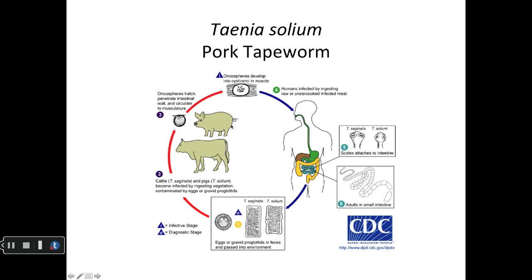So the various muscles, tissues of the pig that are going to later be eaten by a human can contain these larval stages that develop. So when the oncosphere embryo penetrates the muscle tissue, each oncosphere embryo develops into an individual cysticercus. So you can have hundreds of these cysticerci in muscle tissues of the pig.